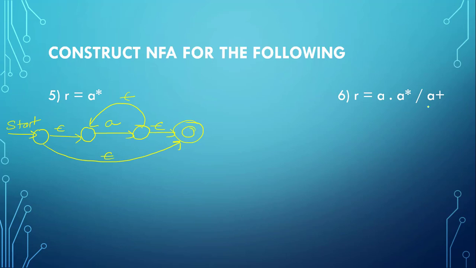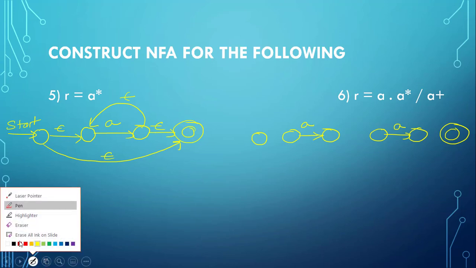Now A dot A star, that is the A plus transition. So for this we will have an NFA of A, then we will have another NFA of A, because it is A dot A star. So here we will have a final state and a start state. We will not need a start state.